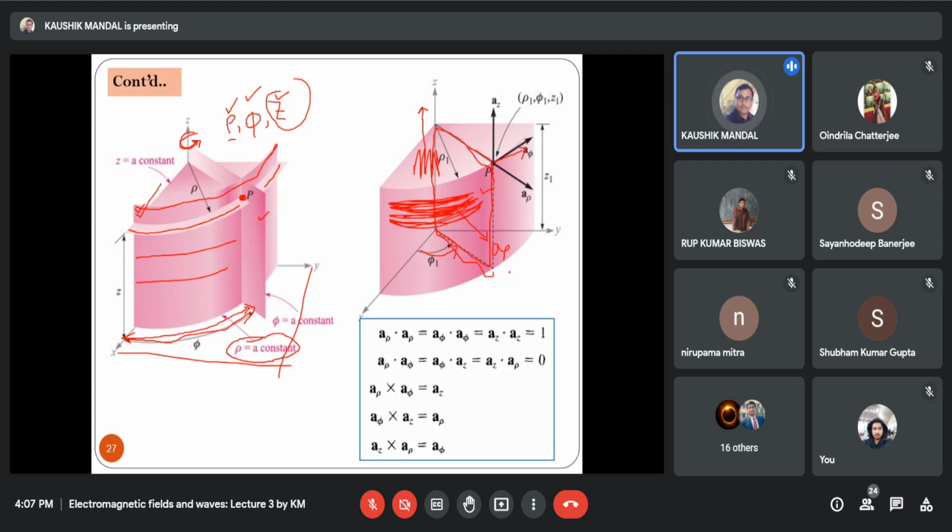Apply the rules of the basic dot product. What will be a rho dot a rho, a phi dot a phi, a z dot a z? That will always be 1 because they are unit vectors and you are dotting with the same unit vector.